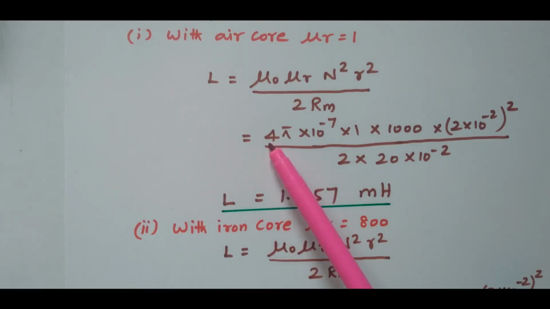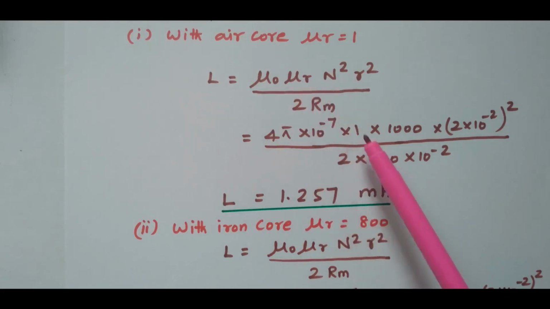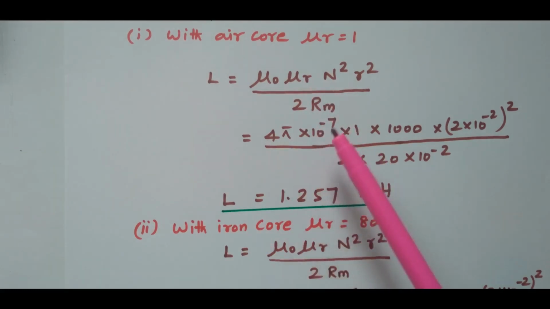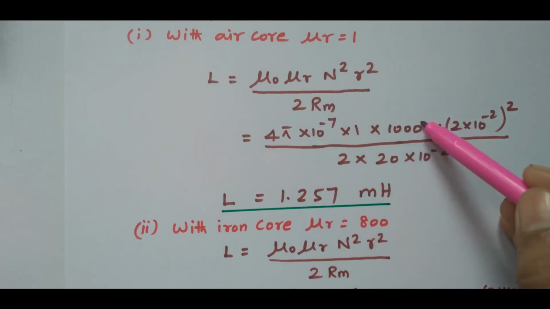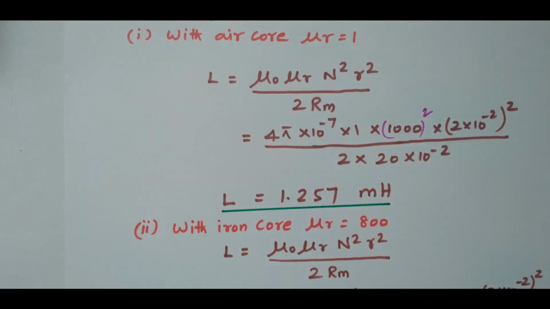So mu naught is 4 pi into 10 to the power minus 7. Mu r value is 1, air core. The number of turns is 1000, so n square is 1000 square, into r square. R is 2 into 10 to the power minus 2, squared, divided by 2 into rm, the mean radius, 2 into 20 into 10 to the power minus 2.